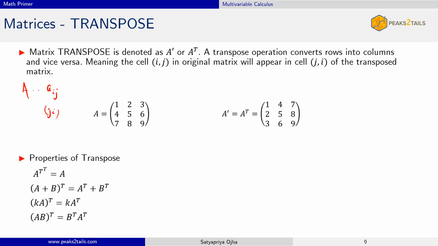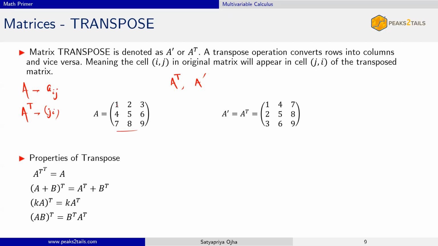So if you find it here in A transpose, you'll get the same element in the j-i position. Rows become columns, columns become rows. And you write transpose as either A T, or you can write it like this, A prime. That also works. So both notations.